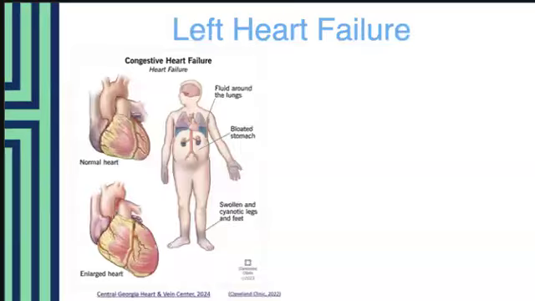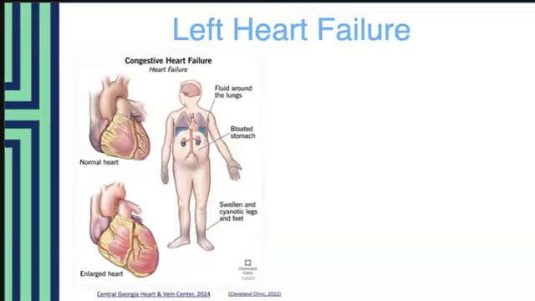This congestion is the hallmark of congestive heart failure, which manifests with symptoms like shortness of breath, fatigue, and edema. While both left and right heart failure can contribute to congestive symptoms, left ventricular dysfunction is the primary driver of the congestive state in most cases. In left heart failure, the ventricle is not able to pump the blood properly around the body.